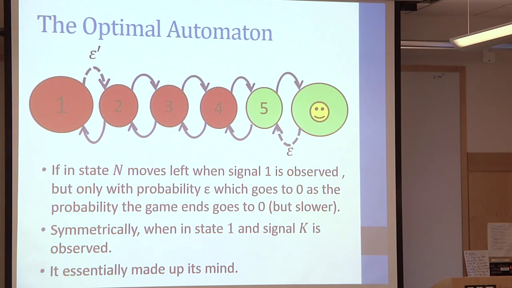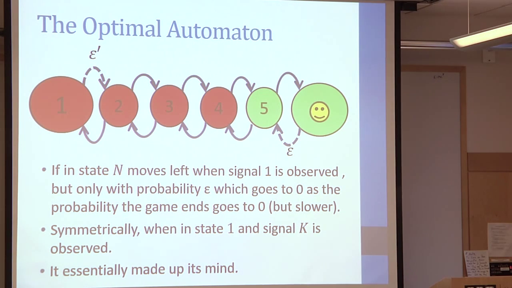It goes to 0 as the probability the game ends goes to 0. So it's a very small probability you ever leave the edge state. It's also symmetrically true for the other state.